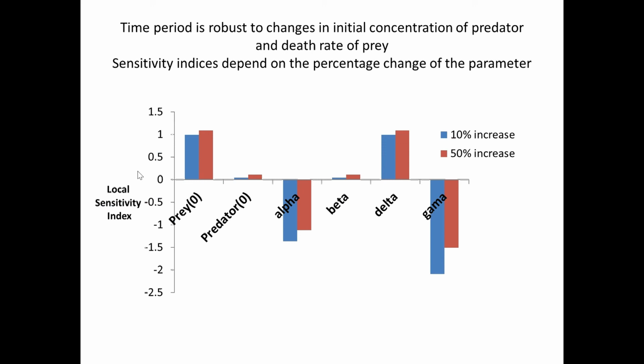So by plotting results like this, we can tell that the output, in this case the time period, is insensitive to changes in the predator or beta values, but it changes with changes in the value of alpha, delta, gamma, or the change in the initial condition for the prey population.